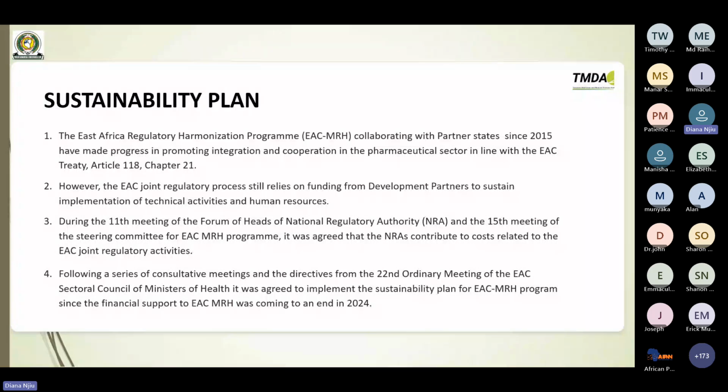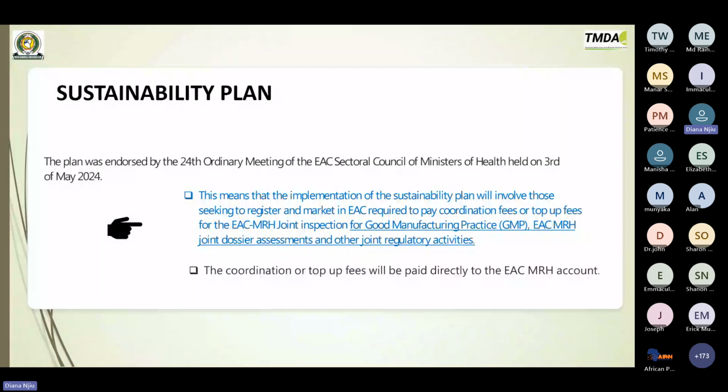This means that implementation of the sustainability plan will involve those seeking to register and market in EAC being required to pay coordination fees or top-up fees for the EAC MRH joint inspection for good manufacturing practice, the EAC joint dossier assessment and other joint regulatory activities. This plan has been ongoing.